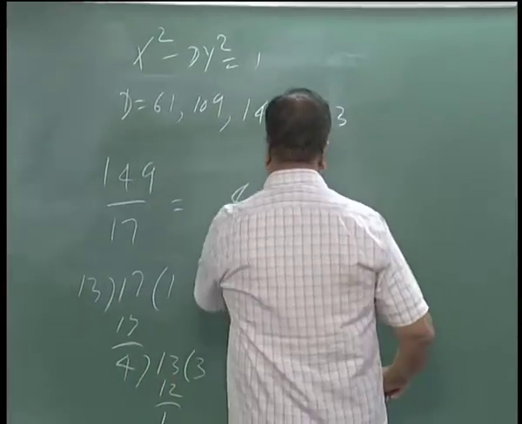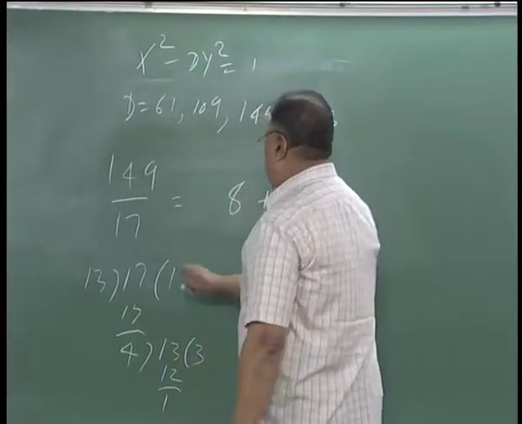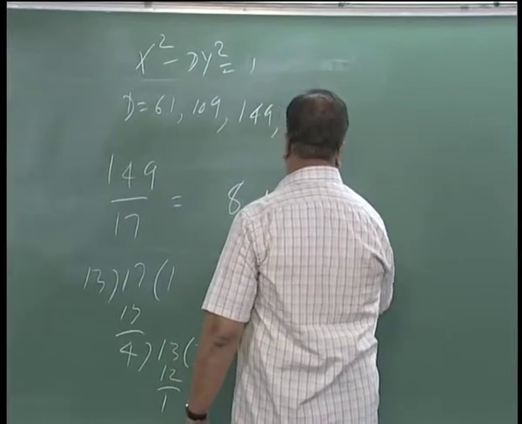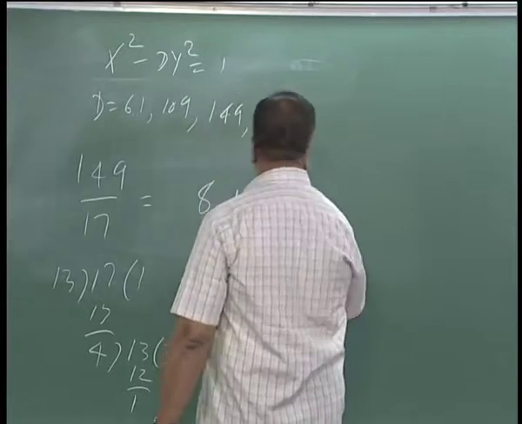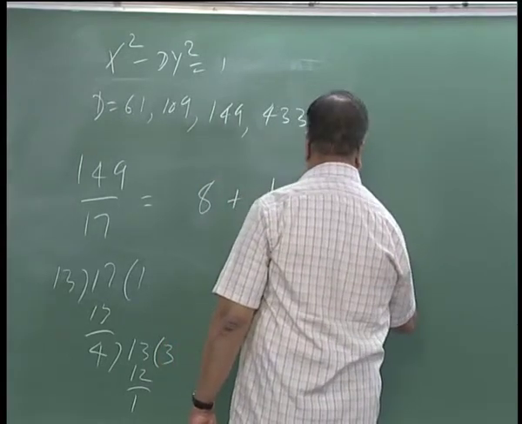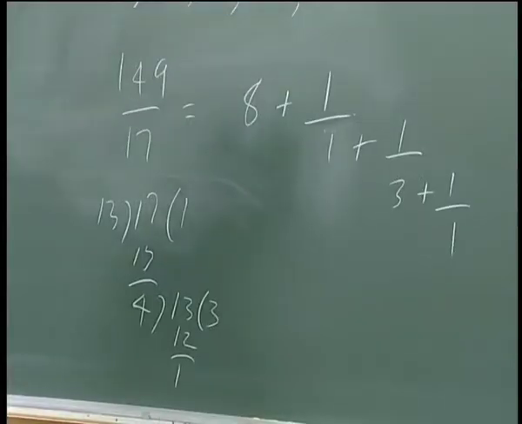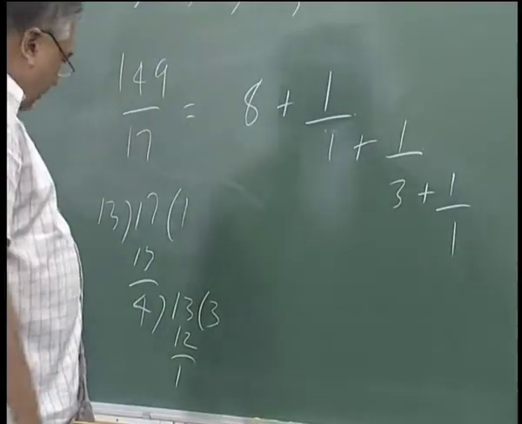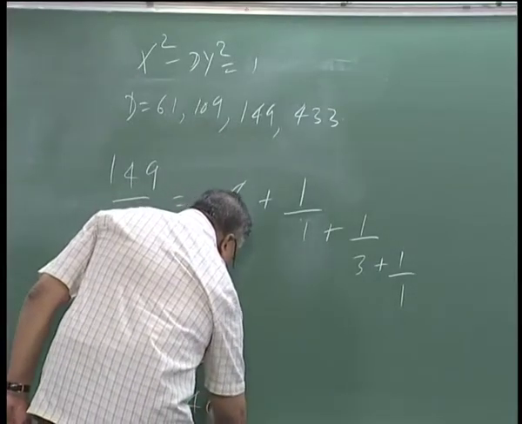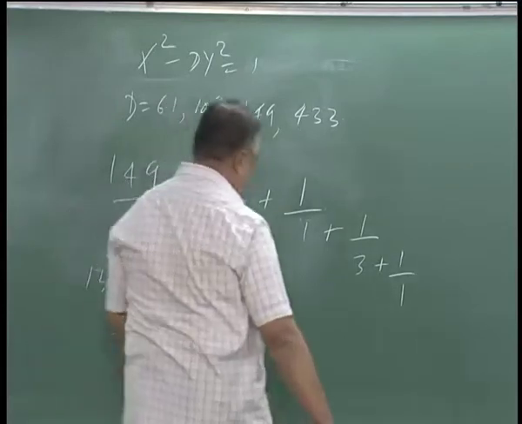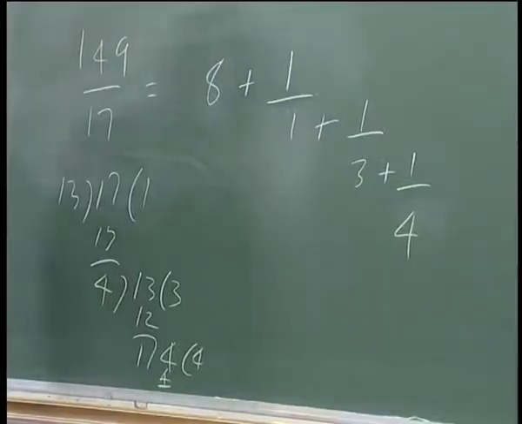So this will be 8 plus 1 over 1 plus 1 over 3 plus 1 over 4, something like this. 8, 1, 3, 4, where is the 4? Oh yes. So this is how it will look.